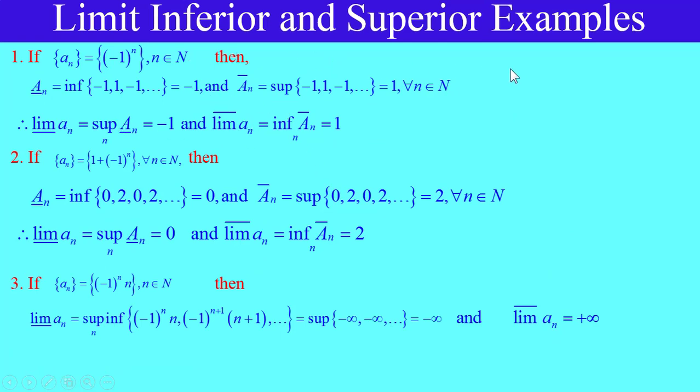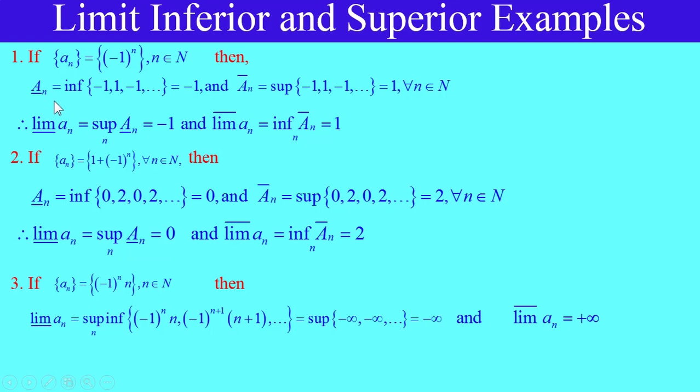Limit inferior and superior examples. If an is equal to (-1)^n, n belongs to N, then lower bar an is equal to infimum of an, an plus 1, an plus 2 and so on. If n is equal to 1, then a1 is equal to minus 1, and the only terms that repeat are minus 1 and 1.